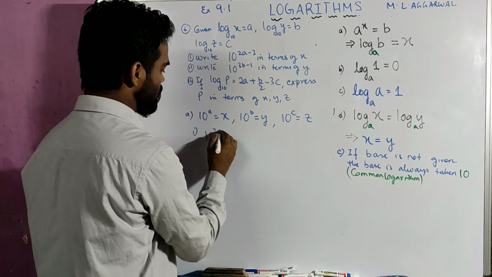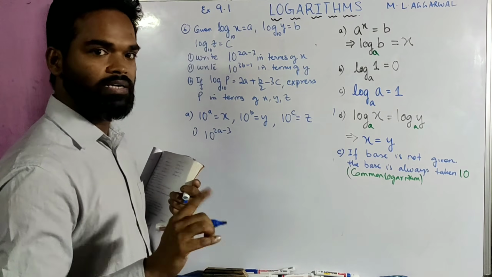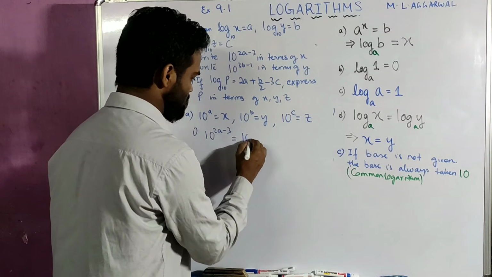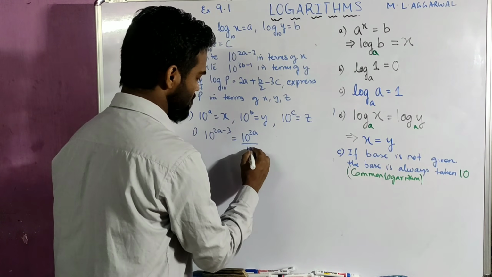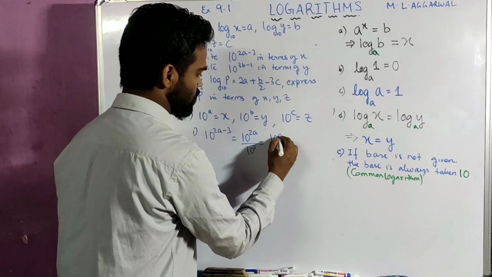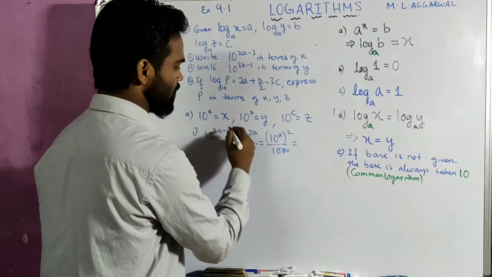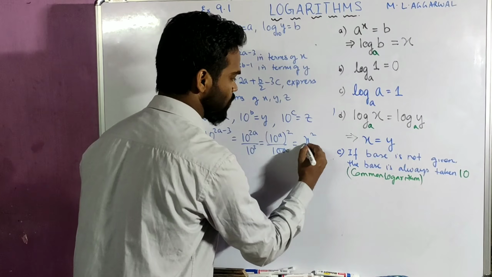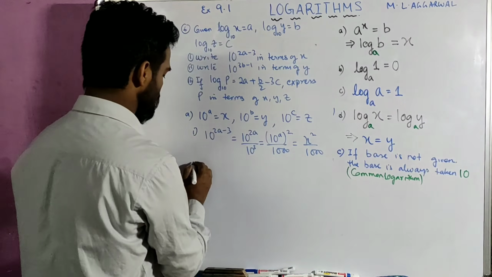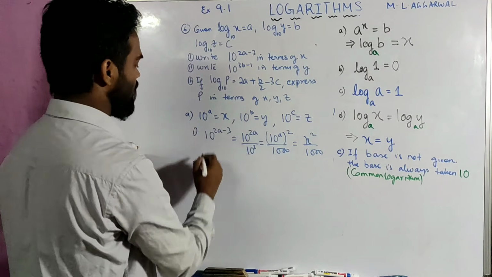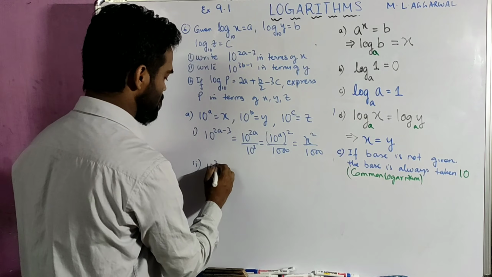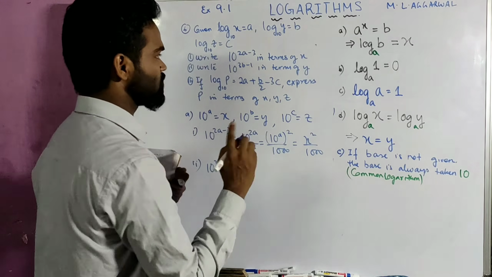Express 10 to the power 2a minus 3 in terms of x. Now this can be written as 10 to the power 2a by 10 cube, which is 10 to the power a whole square by 1000. Now 10 to the power a is x, so we can write x square by 1000. Done.